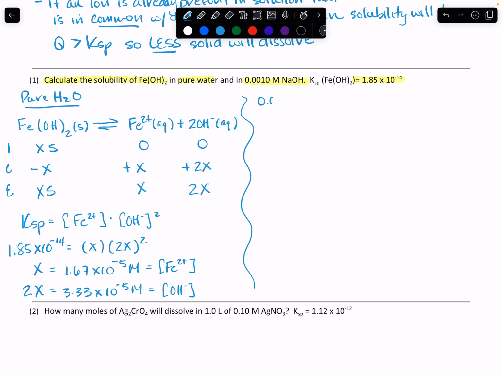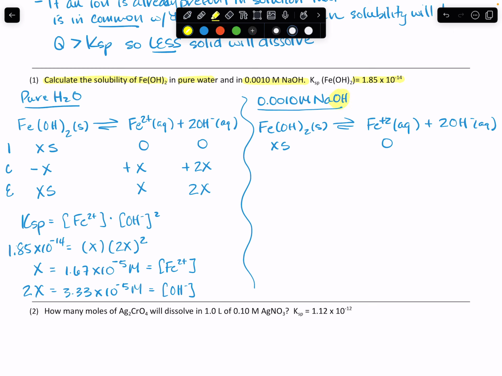Now we're going to put it into 0.0010 molar NaOH solution. So again, the dissolving Fe(OH)2 gives Fe2+ aqueous and 2 OH- aqueous. We follow the same ICE chart: excess for the solid, 0 iron, but because we're in this sodium hydroxide, we do have a source of hydroxide ions already present.